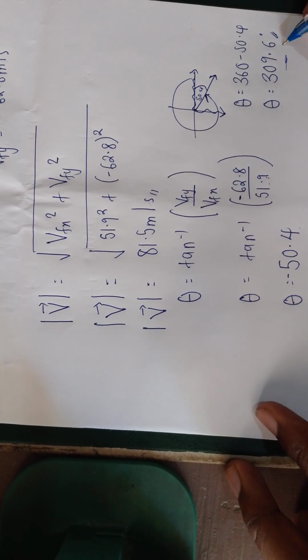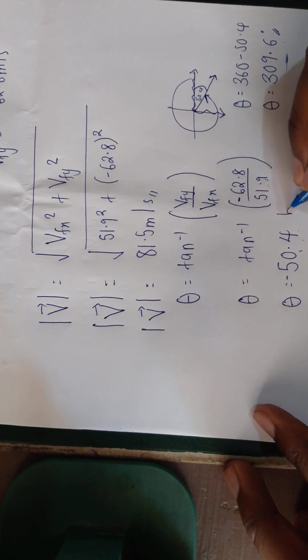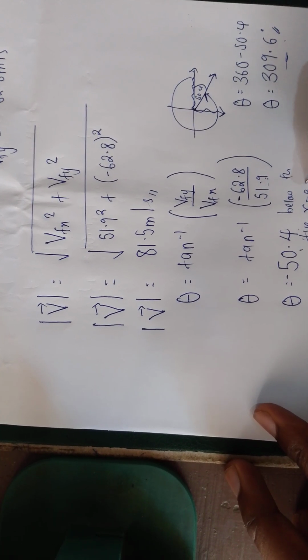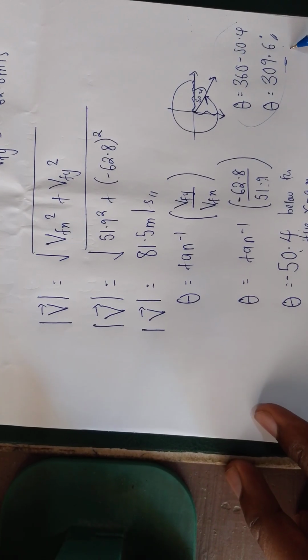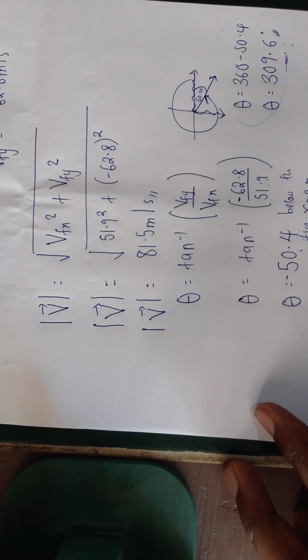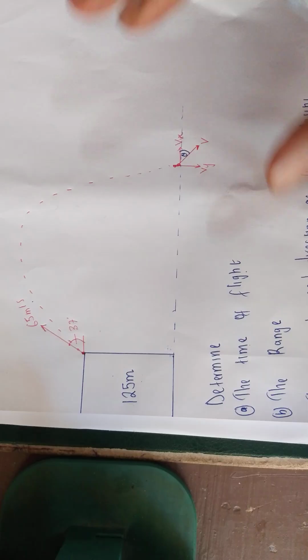This is with respect to the positive x-axis, or you can just leave your final answer to say theta is 50.4 below the positive x-axis, or with respect to the positive x-axis, which is 309.6. So this is how you answer a question when you're given a sketch like that.